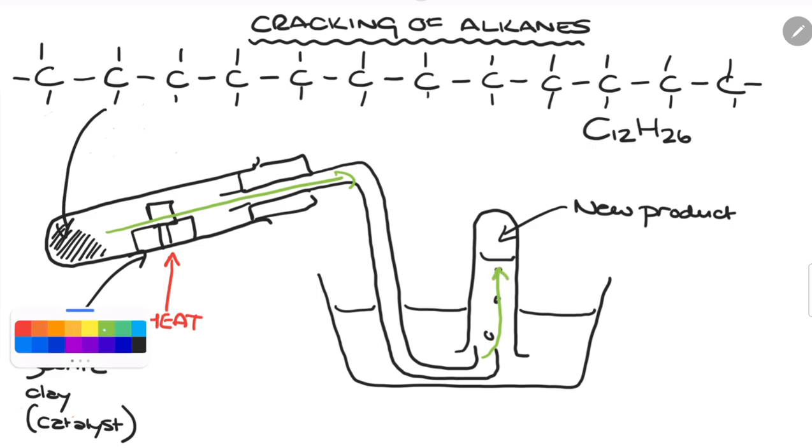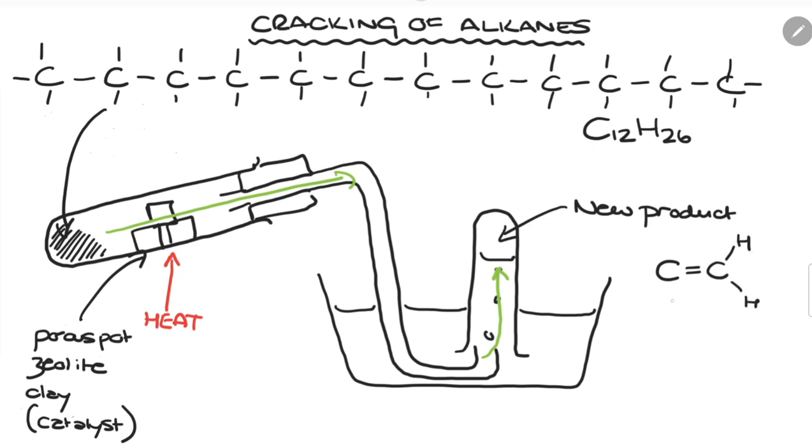Now that new product will have within it what's said to be a double bond, and what we have proceeded to make is a compound which now looks different to the previous compounds that we had in all of the clips up to this point. If you remember, all of the clips up to this point have included single bonds, like we have in that C12H26 molecule at the top of the screen there.